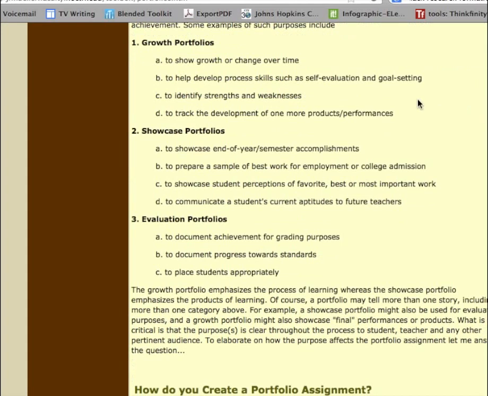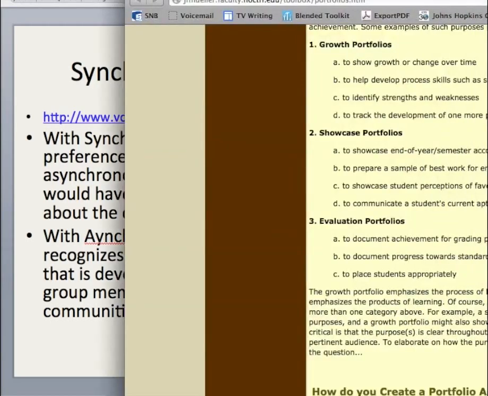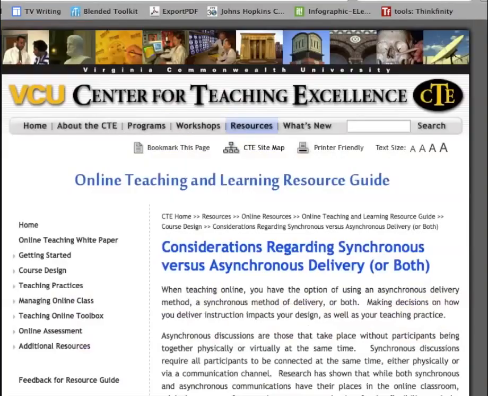For all practical purposes, the portfolios that we are doing going forward are an amalgamation of all 3 of these. We're looking for growth. It's your opportunity to showcase what you really think is your best work, and they are being used as evaluation.